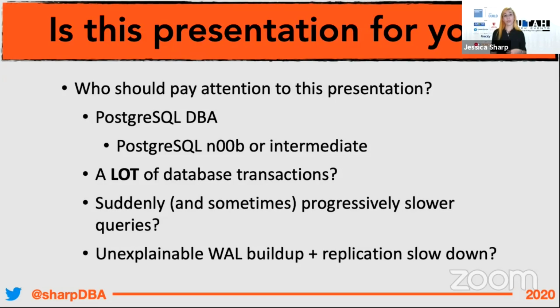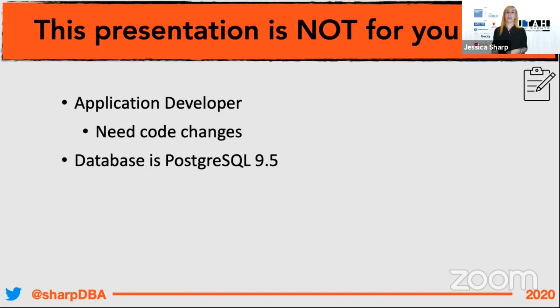So this probably isn't a complete list, but these were the big ones that stood out to me that this presentation might be helpful for. Who this is not going to be helpful for is application developers.